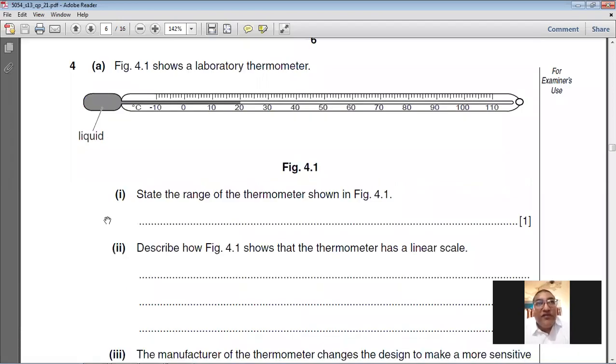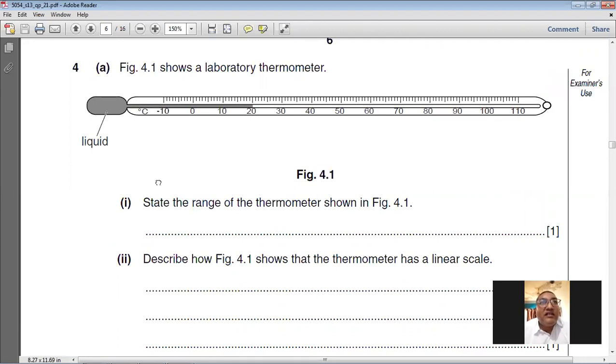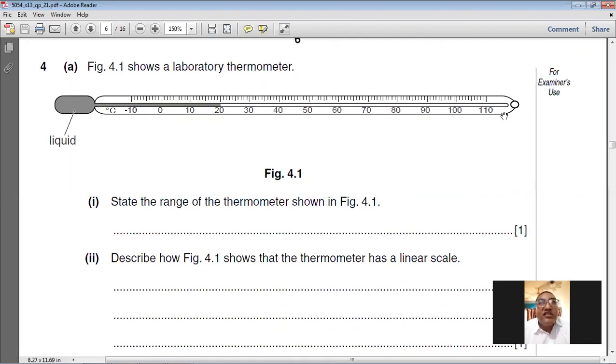Question number 4 is on your screen. Figure 4.1 shows a laboratory thermometer. State the range of the thermometer shown in the figure 4.1. The range means the maximum temperature it can measure and the minimum temperature it can measure. You check both these values and you find the difference between them.